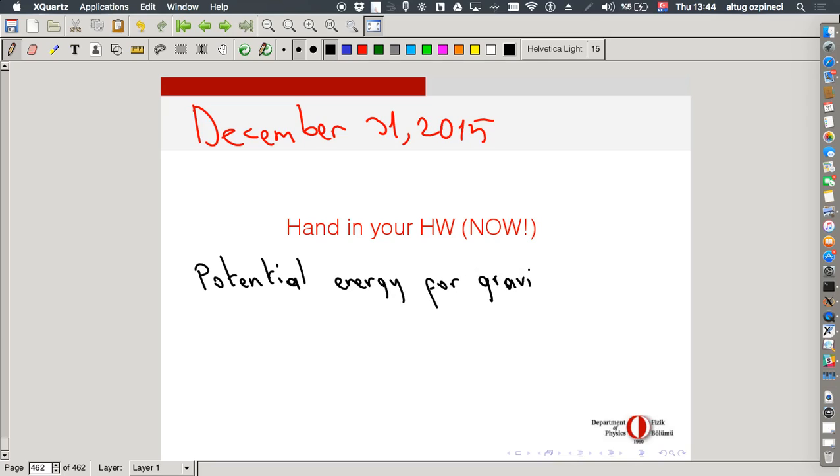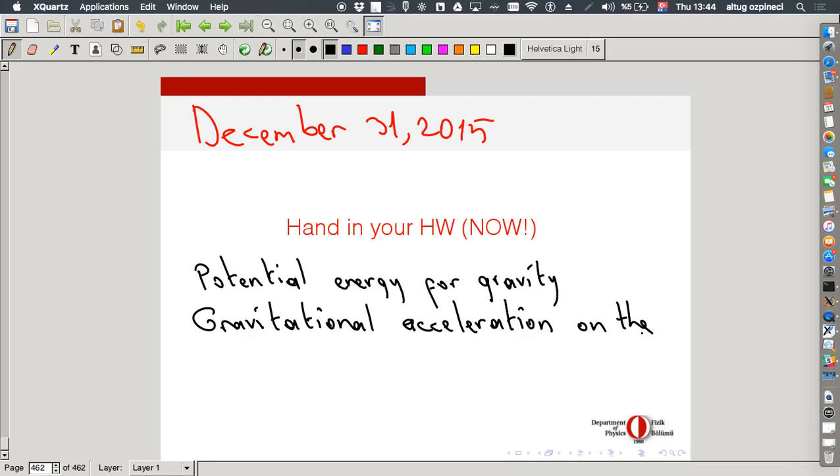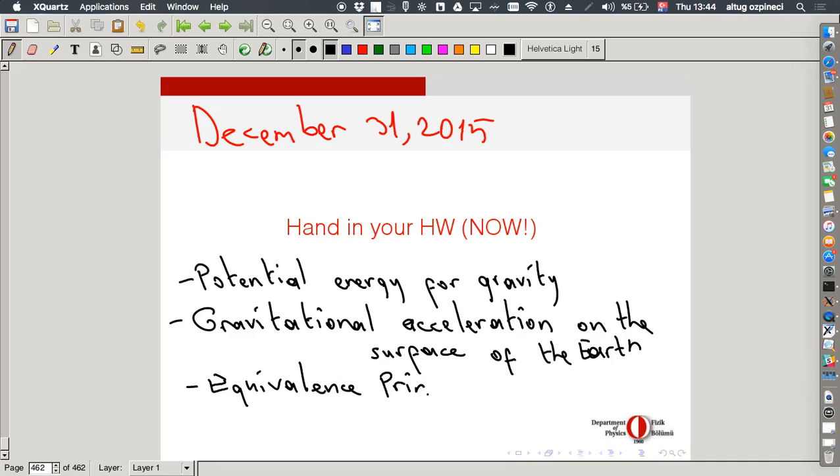For gravity, gravitational acceleration close to the surface of the Earth, and then the equivalence principle, which is the basic principle of general theory of relativity.